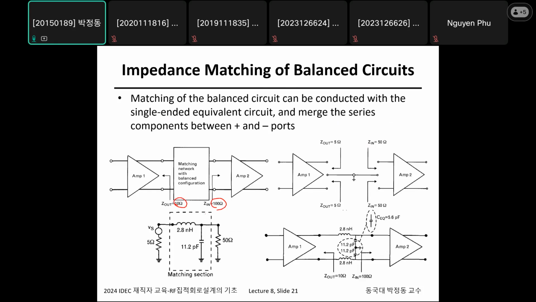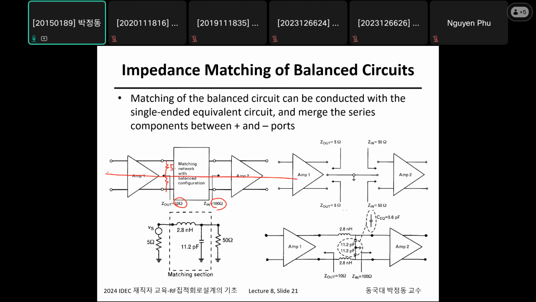So how can we achieve matching? This is very straightforward, right? For the differential, we can just bisect and consider the single-ended equivalent.